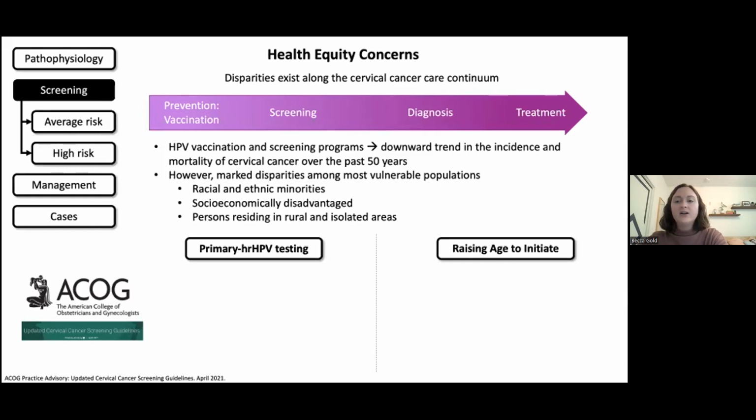So ACOG argues that until primary HPV-based testing is more widely available and accessible, cytology-based screening should remain an option for all patients. And they say it's less about the specific strategy selected and more about consistent adherence to the routine screening guidelines.